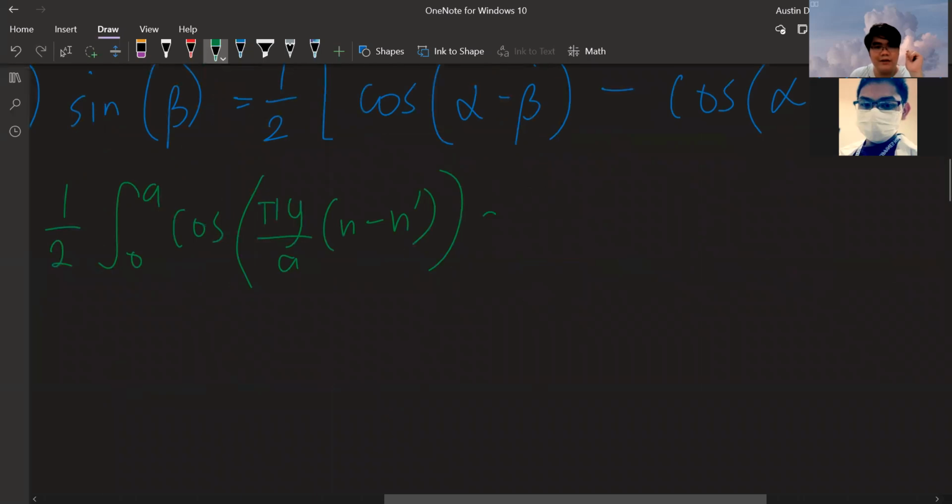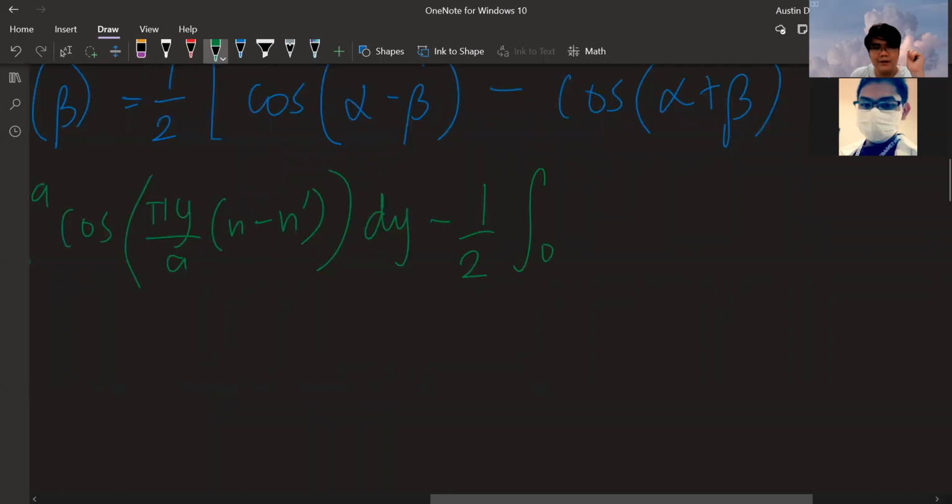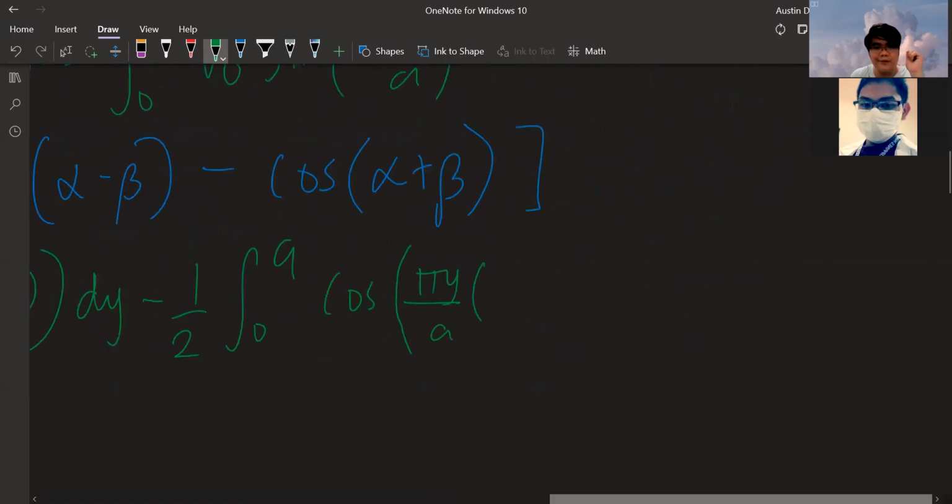Then dy, minus 1/2, I distributed things, since I can integrate term by term. 1/2 from 0 to a of cosine of pi y over a times the sum n plus n prime, y.